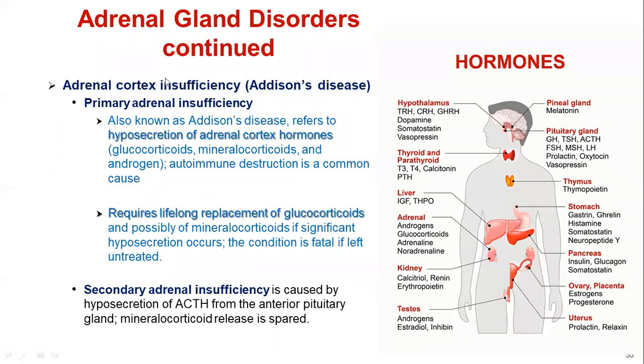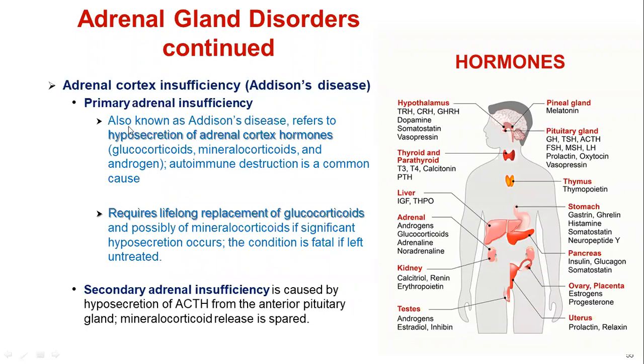In this picture, we can see all of the endocrine glands in the body. Adrenal cortex insufficiency is the primary cause, primary adrenal insufficiency.